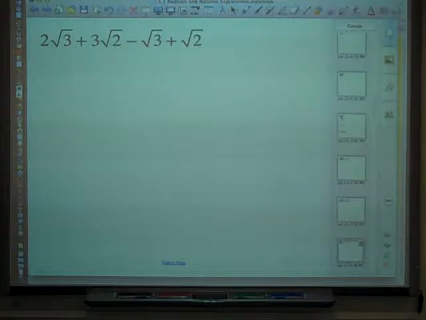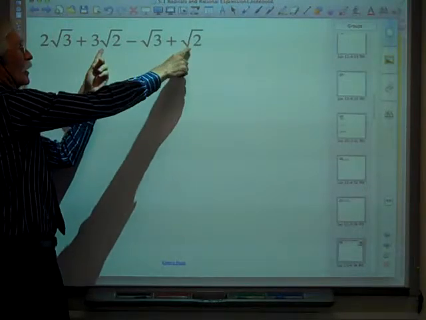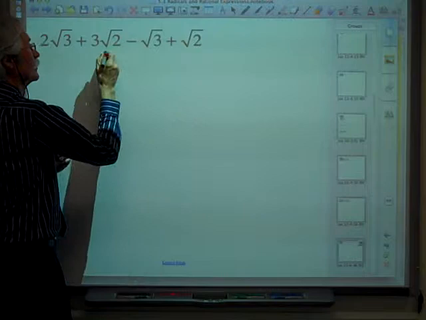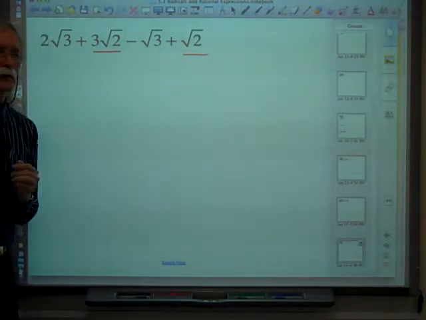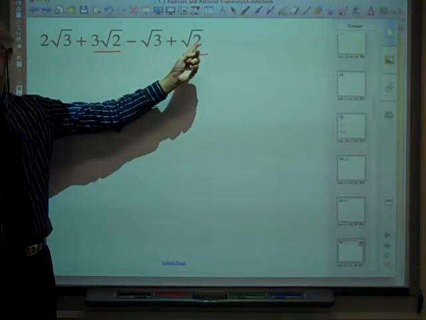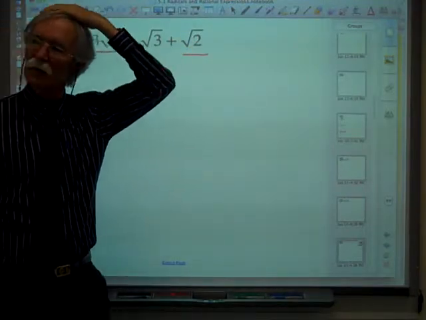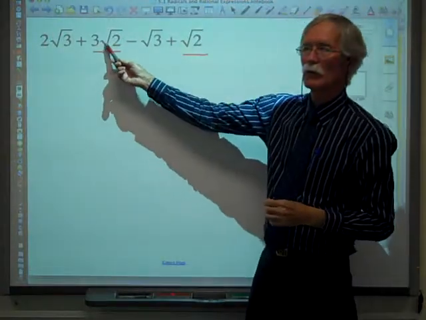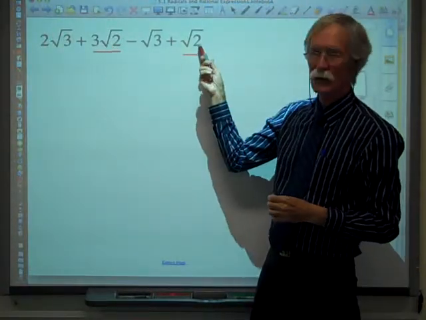Adding and subtracting radicals. These are considered like terms. These are root 2's and these are root 2's. They are considered like terms. How many root 2's do you have there?